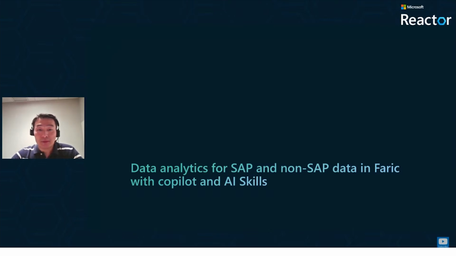I think this is pretty much everything I want to show for today. At last, I want to show you a demo on data analysis for SAP and non-SAP data in Fabric with the Copilot and AI skill.